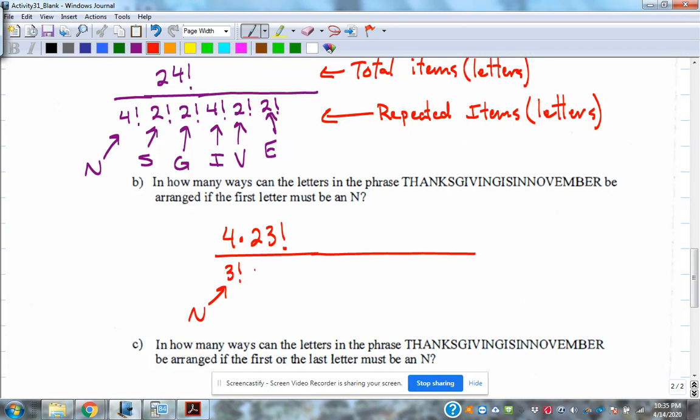And again, we have the 2 factorial for the G's, the 2 factorial for the S's, and it doesn't really matter what order you're doing these in. 4 factorial for the I's, 2 factorial for the V's, and 2 factorial for the E's. Again, just setting it up and working from there.